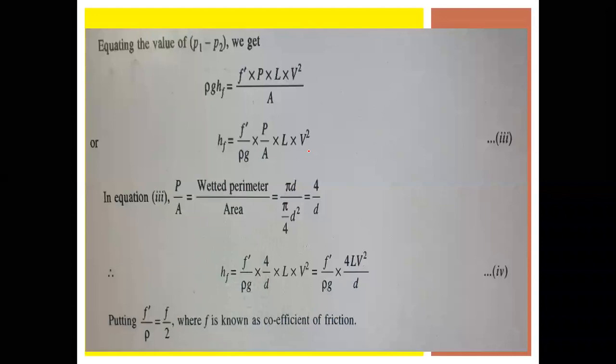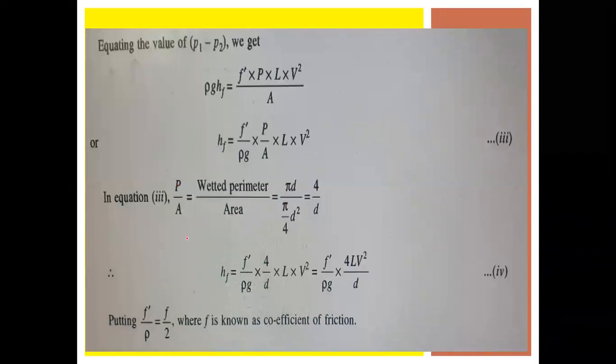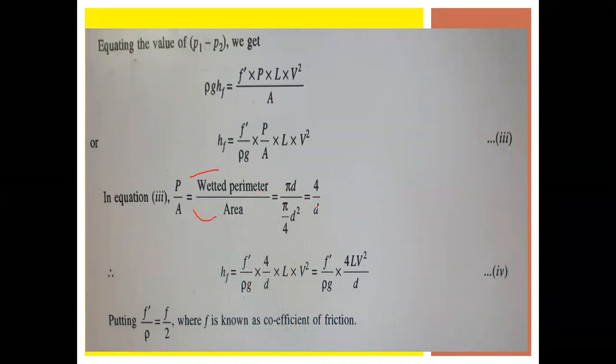Therefore, from equation 3, what is P by A? P is the perimeter, A is the area. The perimeter is pi d, and the area is pi d square by 4. Cancelling, we get 4 by d.